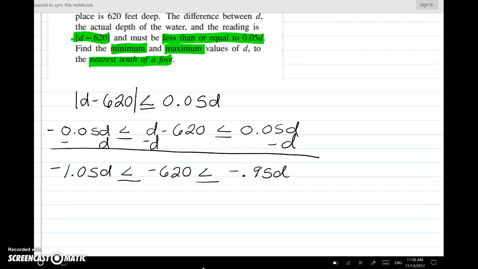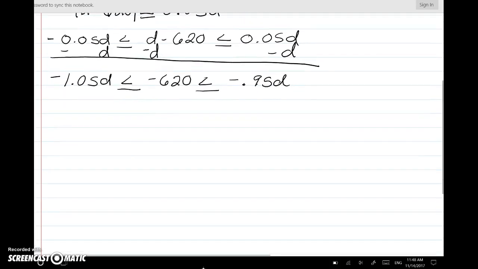My suggestion is break up the inequalities. So you have two inequalities. Your first inequality is going to be negative 1.05 D is less than or equal to negative 620.